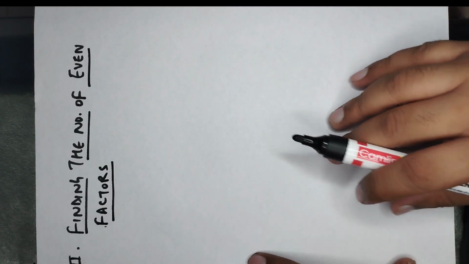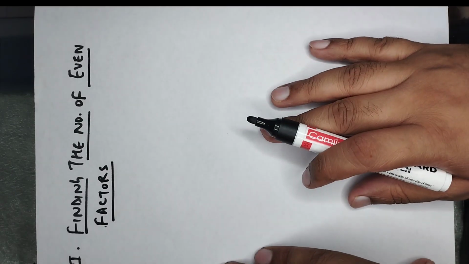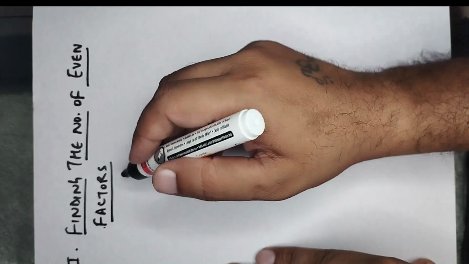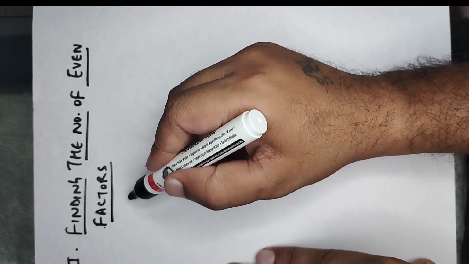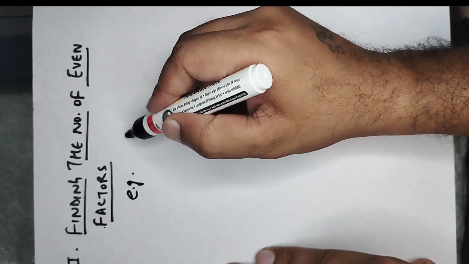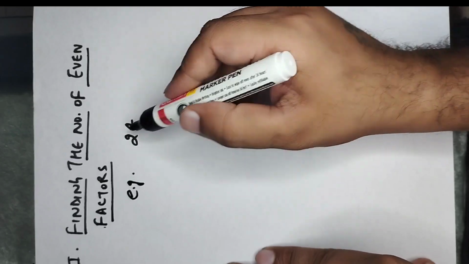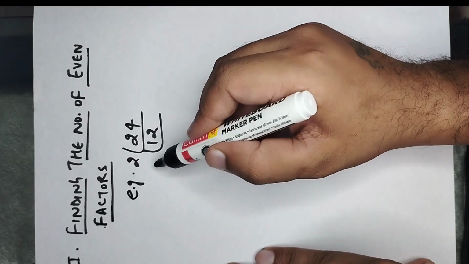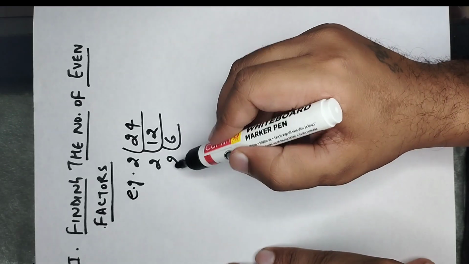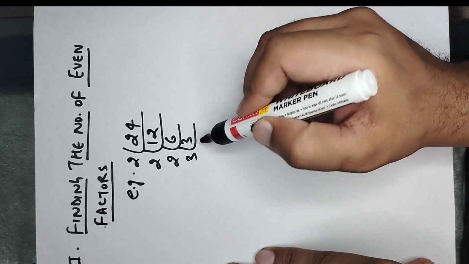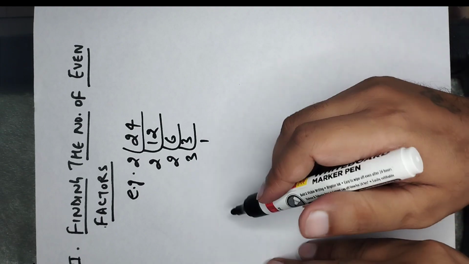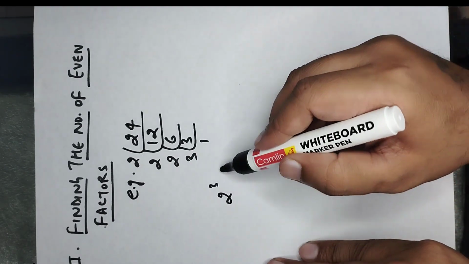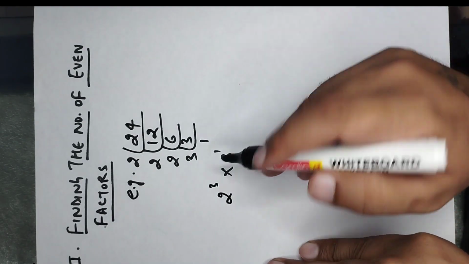How do we find the number of even factors? Now again, I am taking the similar example that we took earlier. Let us take the example of that number, that is 24. Now if you factorize this number, I can say that this is 2 raised to the power 3 into 3 raised to the power 1.